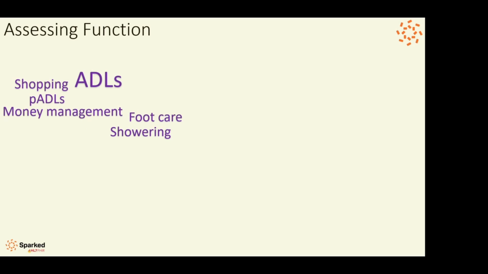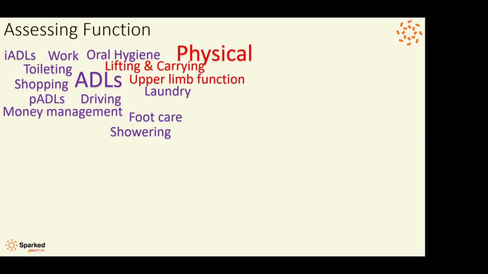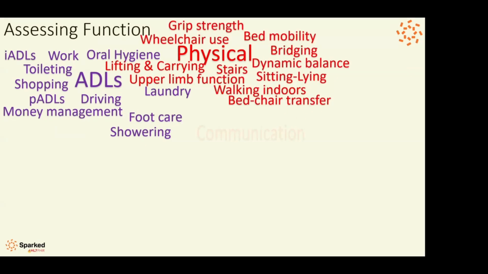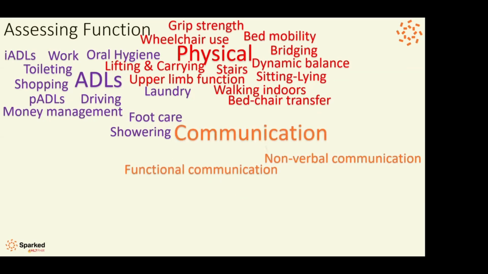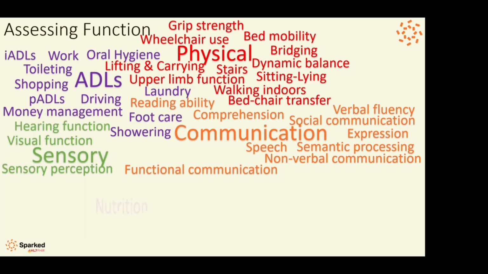So when we assess function, what are we trying to put together? We might be looking at how they shop or the ADLs or their foot care, or we might be looking at dimensions like the physical aspects of how the person functions. We might be looking at communication mechanisms. We might be looking at sensory aspects of the person.